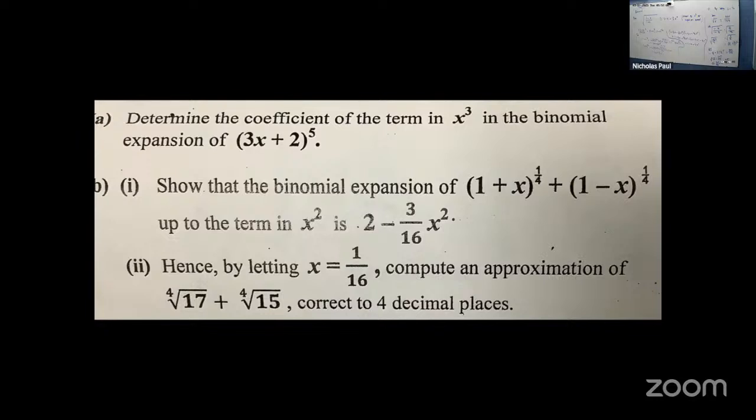So it's not working out. Right, they want the answer to 4 decimal places. But look at part 1 though. Sean, did part 1 work out? Yeah, B part 1, sorry.